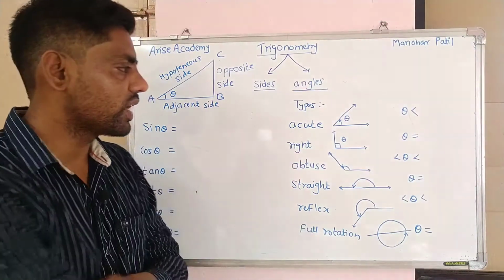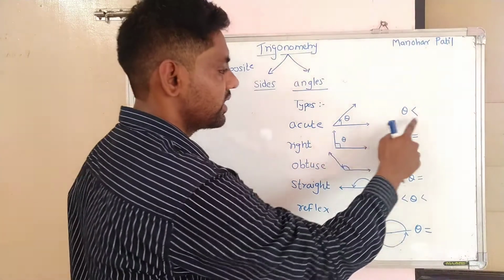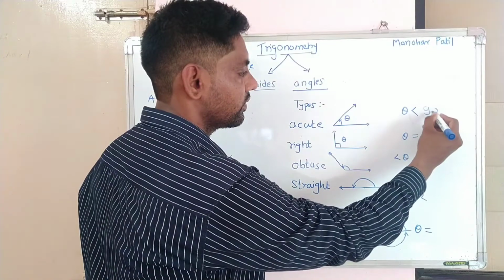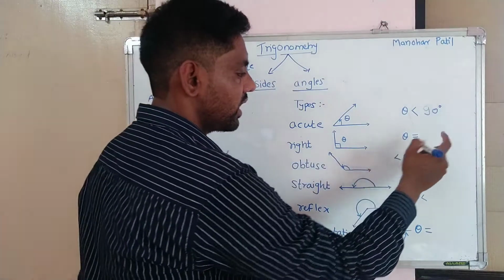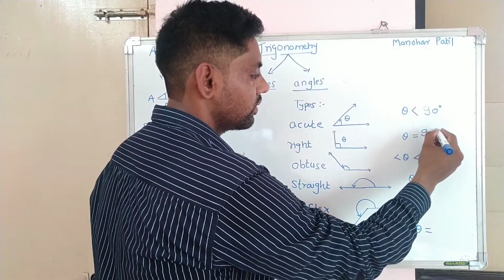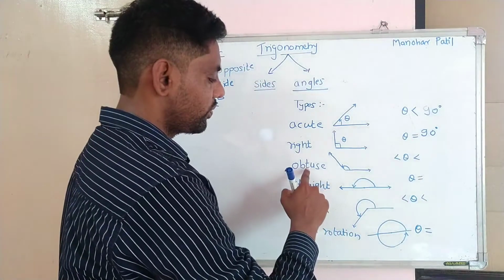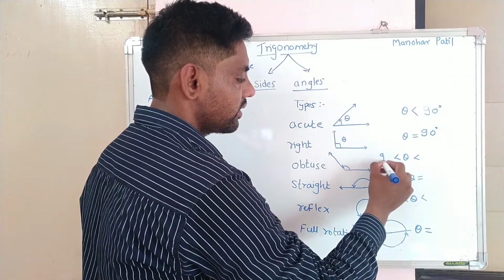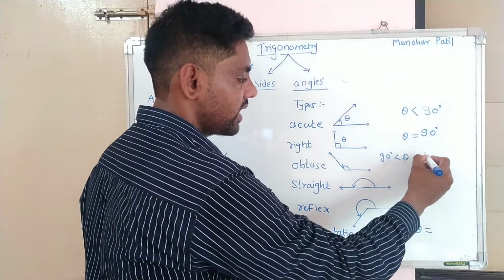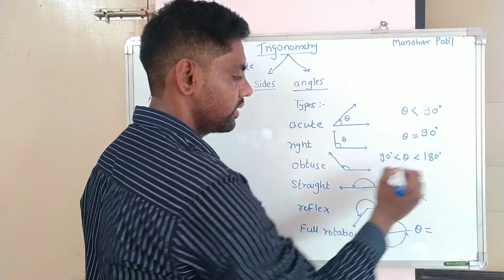First, acute angle: the value of theta is less than 90 degrees. For right angle, the value of theta is equal to 90 degrees. For obtuse angle, the value of theta is greater than 90 degrees and less than 180 degrees.